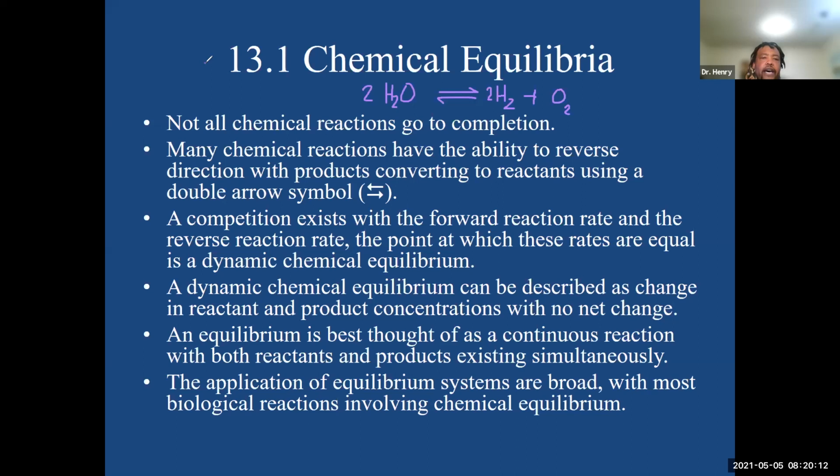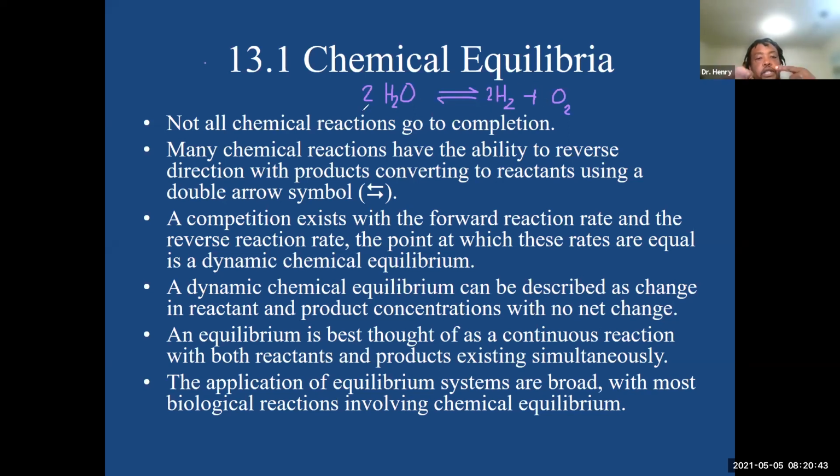Usually there's going to be a competition occurring between the forward reaction, which means going from left to right, and the reverse reaction, which is going the opposite direction. So in this case, the forward reaction will be water being decomposed into its elements. The reverse reaction will be the elements making up water, okay?